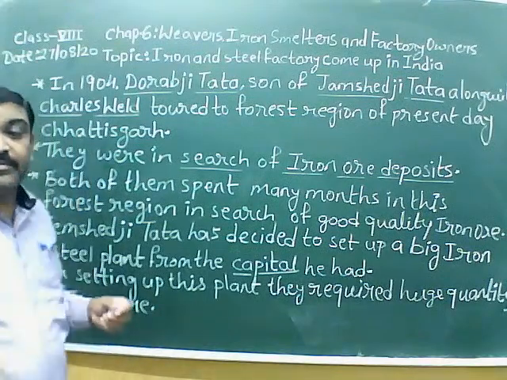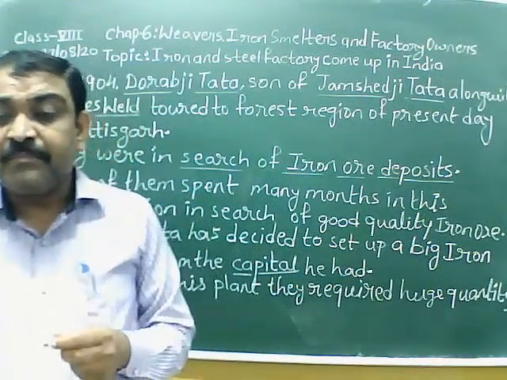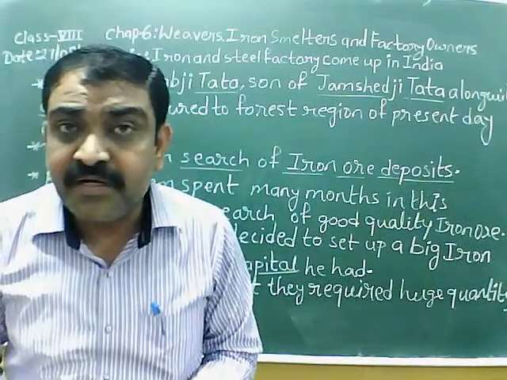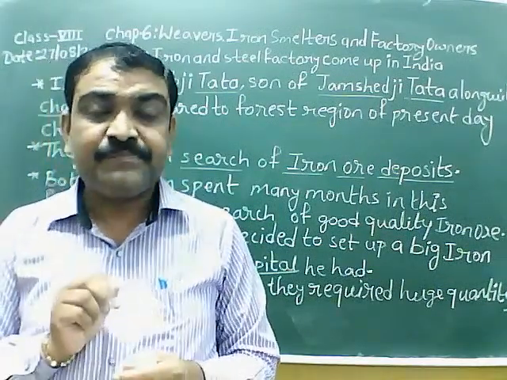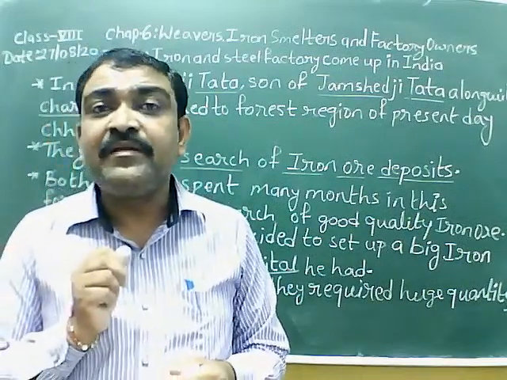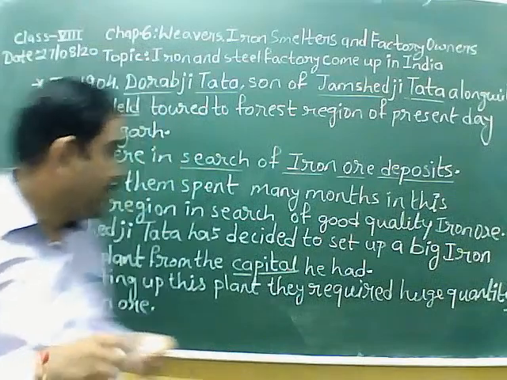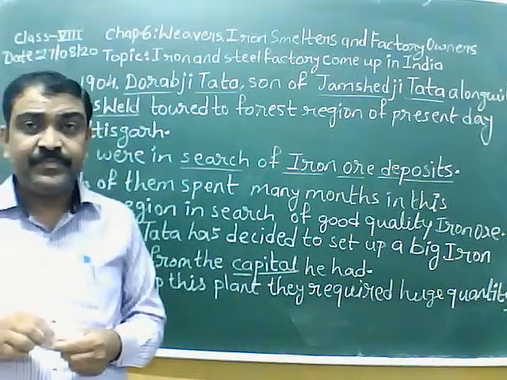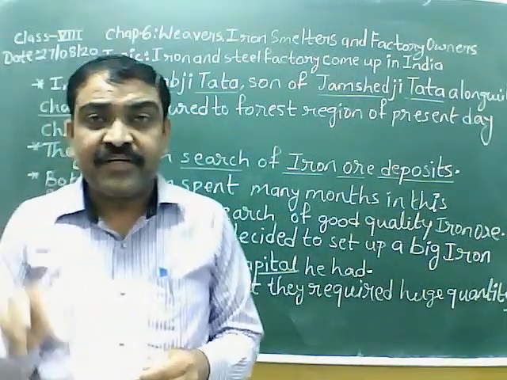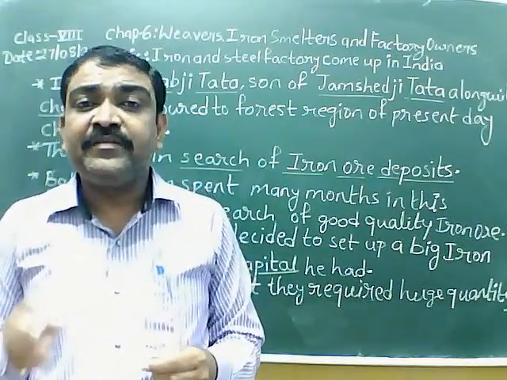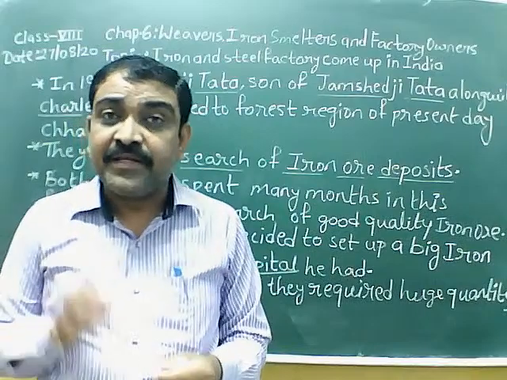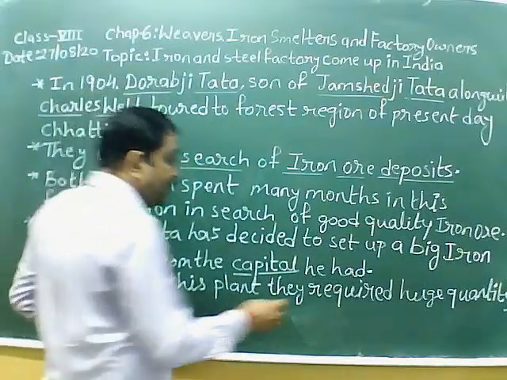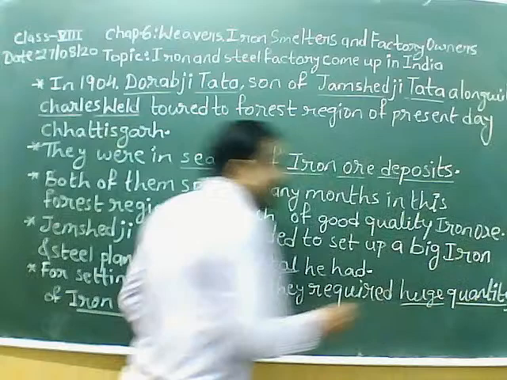इतना पैसा, बहुत सारा पैसा लगा करके जब इतना बड़ा प्लांट एस्टेब्लिश होगा, तो उस प्लांट को चलाने के लिए what is required? Raw material is required. And what is the raw material for running the iron and steel plant? It is what? Iron ore. So Jamshedji Tata has decided to establish a big iron and steel plant in India, and for that they required the source of iron ore, and that too in a huge quantity. बहुत ज़्यादा quantity में.